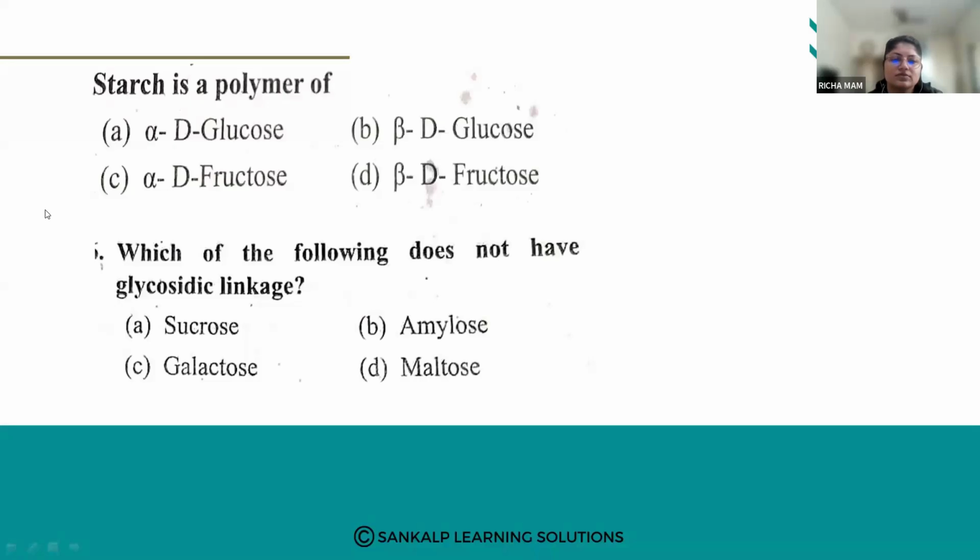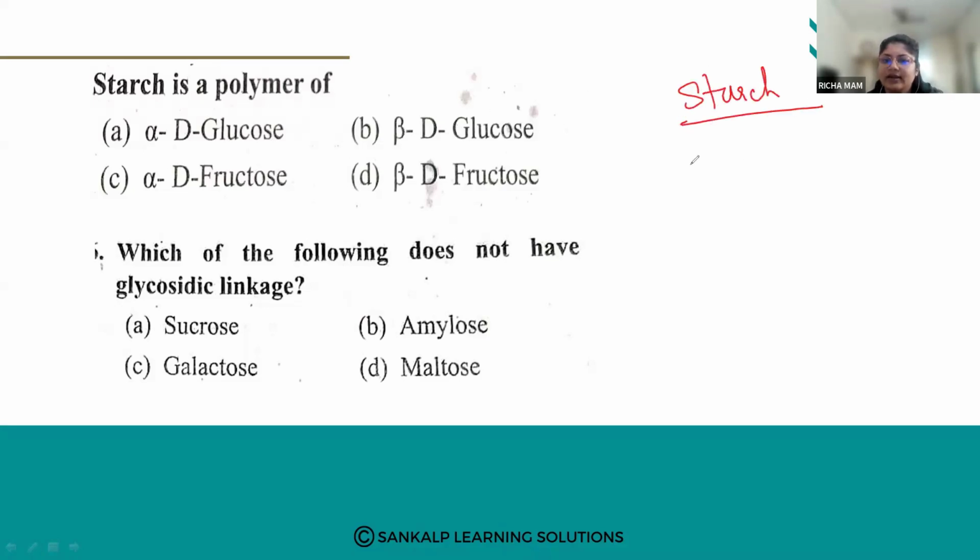Starch is a polymer of alpha D glucose, beta D glucose, alpha D fructose, or beta D fructose? What is starch?